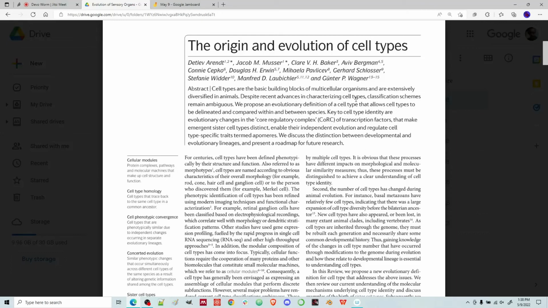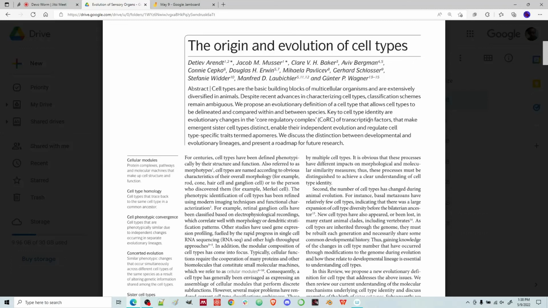Despite recent advances in characterizing cell types, classification schemes remain ambiguous. We propose an evolutionary definition of a cell type that allows cell types to be delineated and compared within and between species. Key to cell type identity are evolutionary changes in the core regulatory complex of transcription factors.